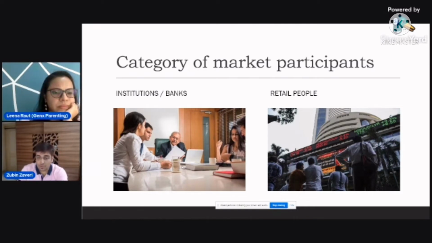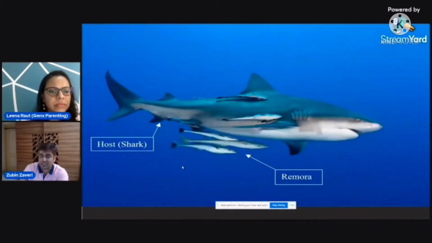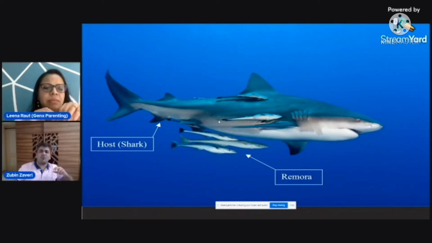Okay, so if we compare the stock market to a deep ocean, then in this deep ocean, we retail people are very small fish. And who are the institutional people? They are the sharks and the whales of this ocean. Now, just imagine, as a small fish, if we come ahead of this particular shark or whale, what will happen?